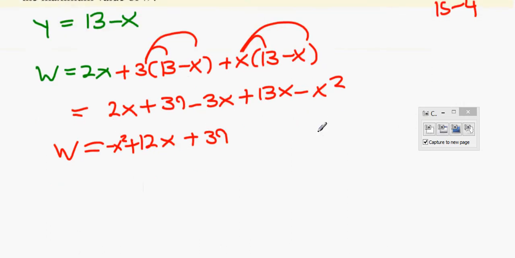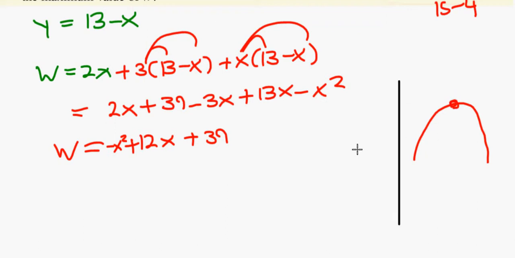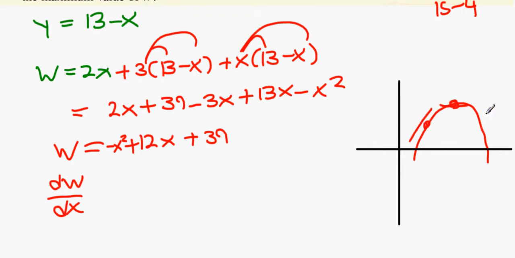Now, maximum is a turning point. This is a quadratic function, and it's a minus x squared, so it's represented like this on the graph. You have an xy axis and you have a maximum point here. What we have to do in differentiation is dw/dx, which represents a formula for the slope, and it will tell us the slope at any given point.